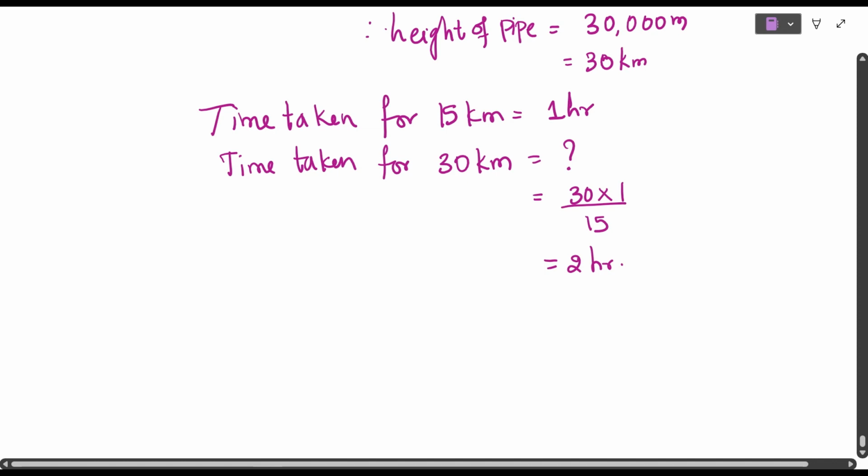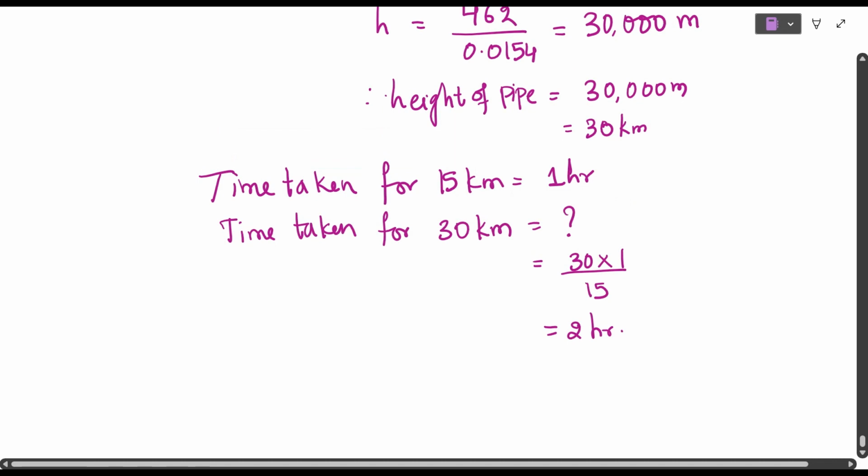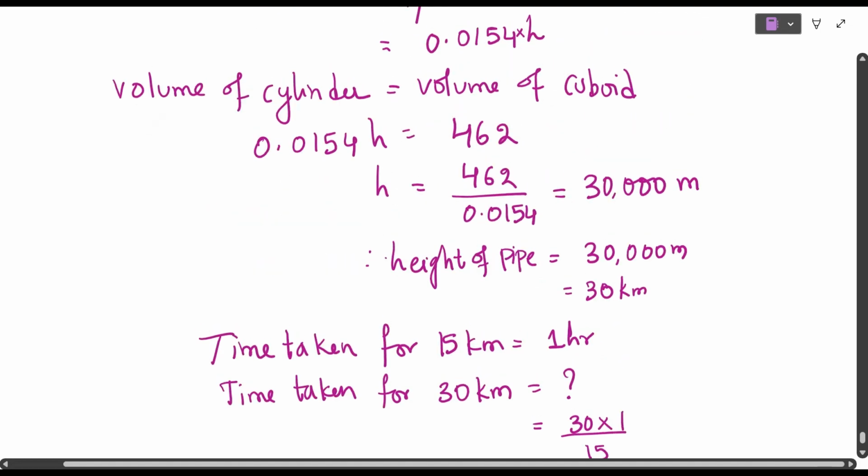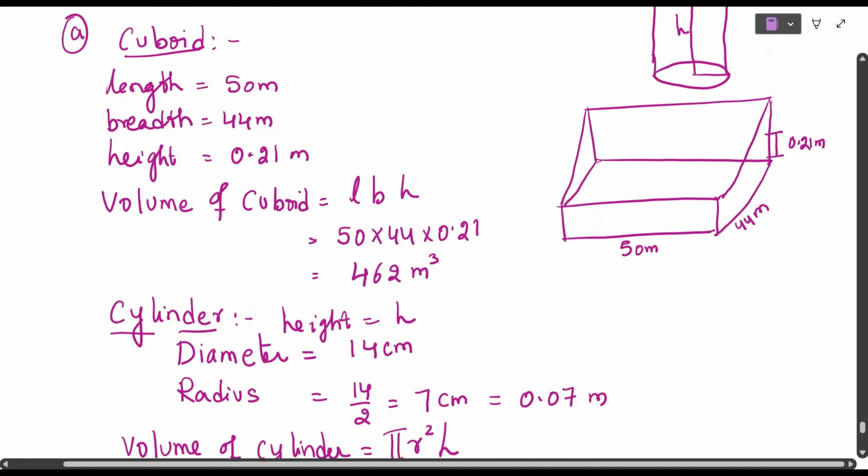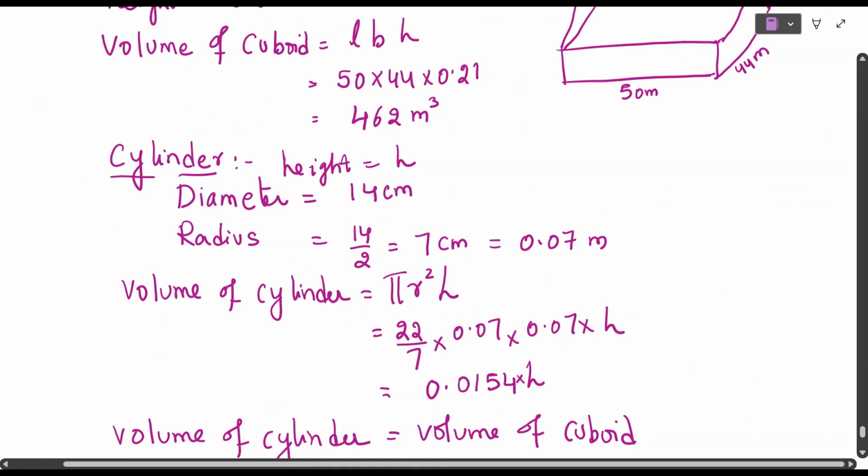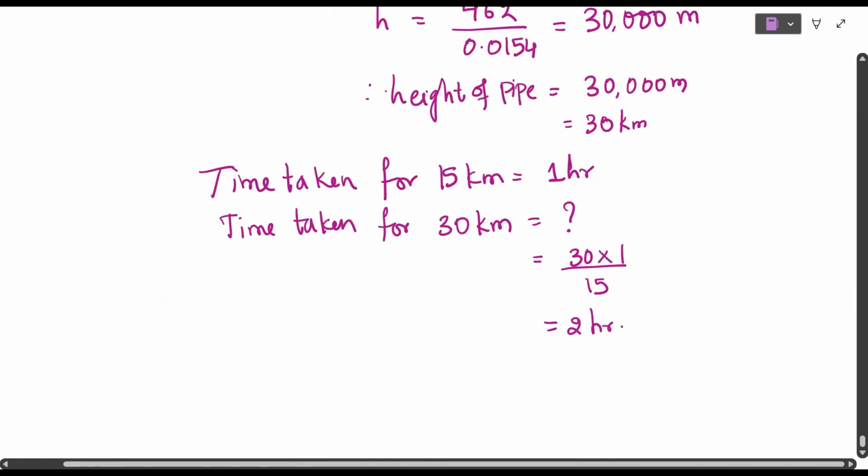So the speed is 30 kilometers per hour. Did you understand, students? Try to understand carefully. Very, very easy.